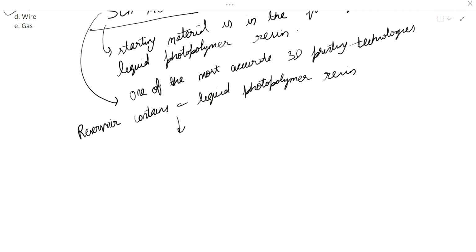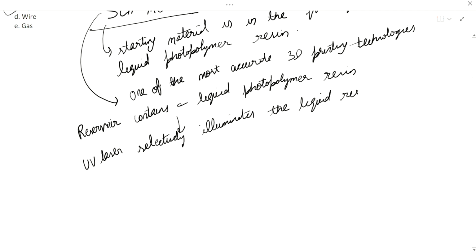Now, a UV laser or light selectively illuminates the liquid resin, solidifying it layer by layer according to the 3D model.